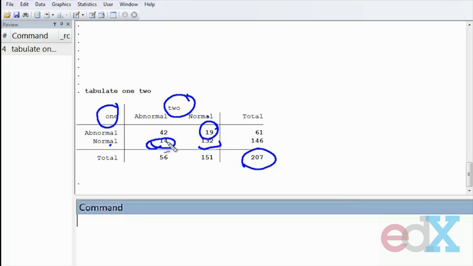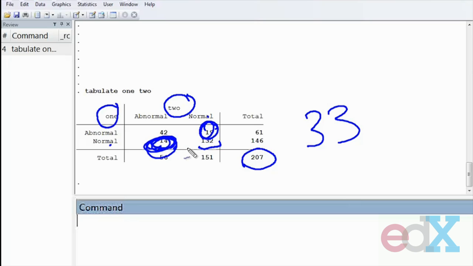Likewise for these 14 patients, on the 1 microgram test they were classified as normal, and on the 250 microgram test they were classified as abnormal. That leaves us with a grand total of 33 discordant pairs. Ideally, we would like these tests to agree. Ideally, we'd like to see 0 here and 0 here as well, so the tests agree with each other. But that is not the case here.